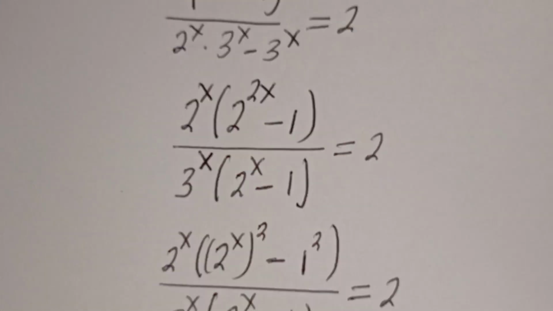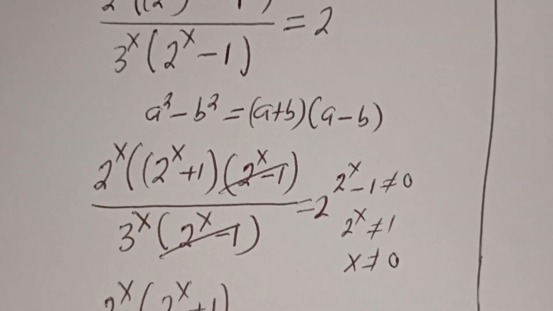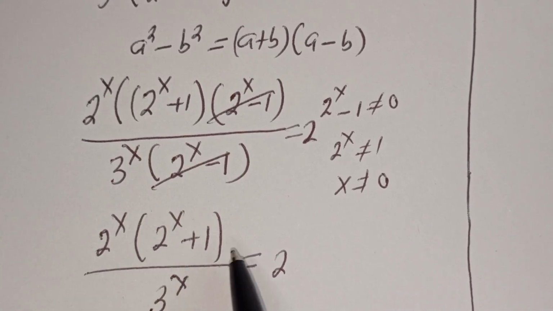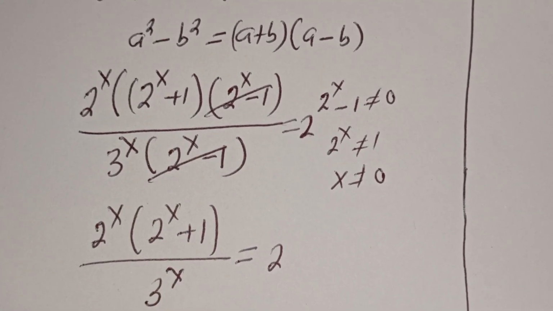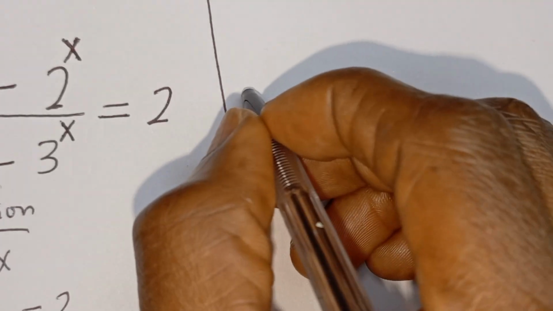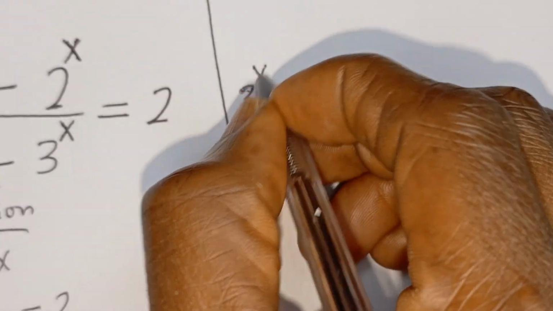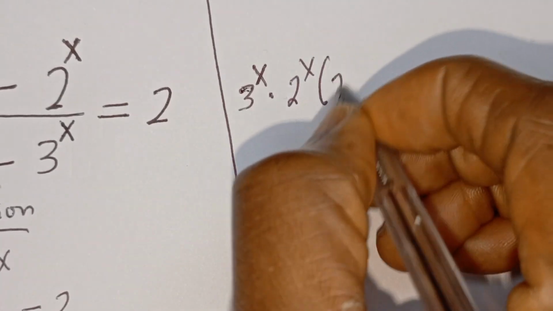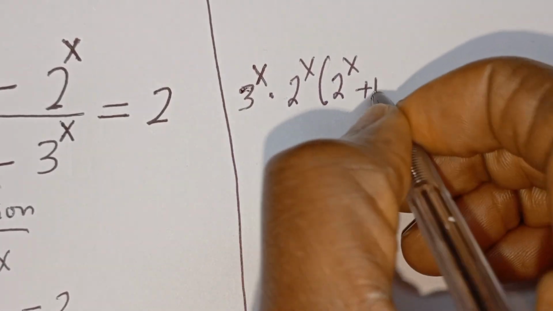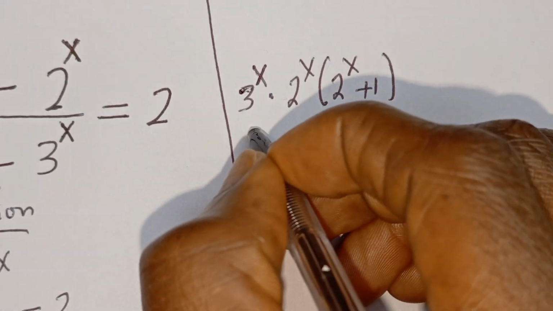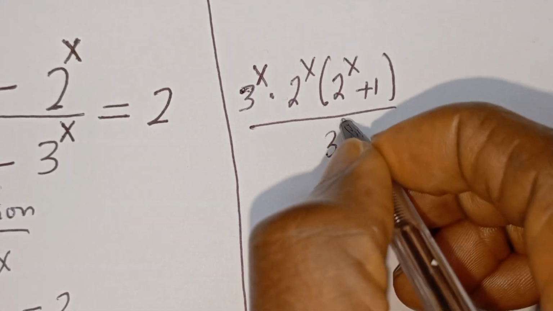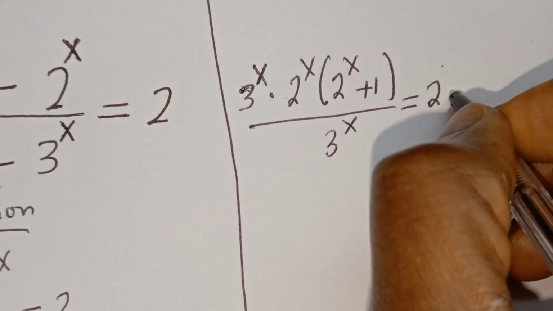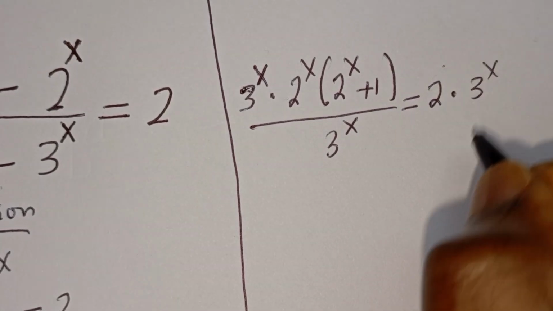Now from here, let's multiply both sides of this equation by 3^x. We have 3^x multiplied by 2^x bracket 2^x plus 1 divided by 3^x is equal to 2 multiplied by 3^x.